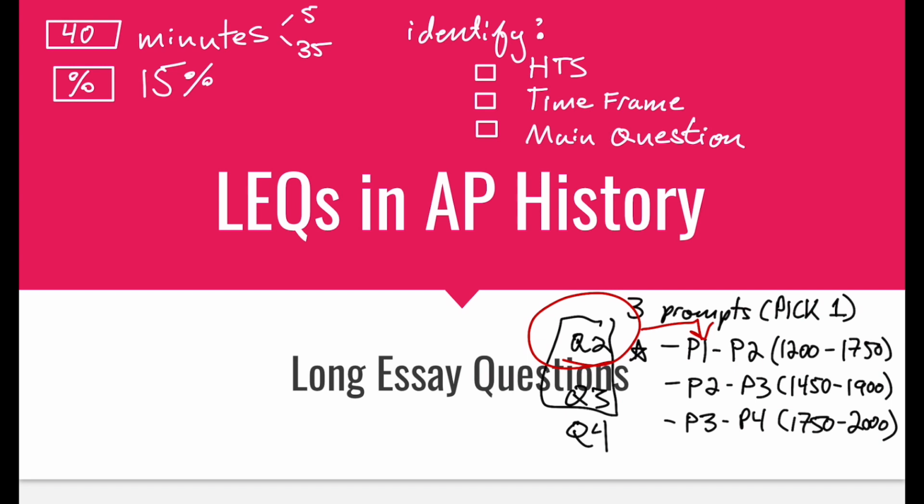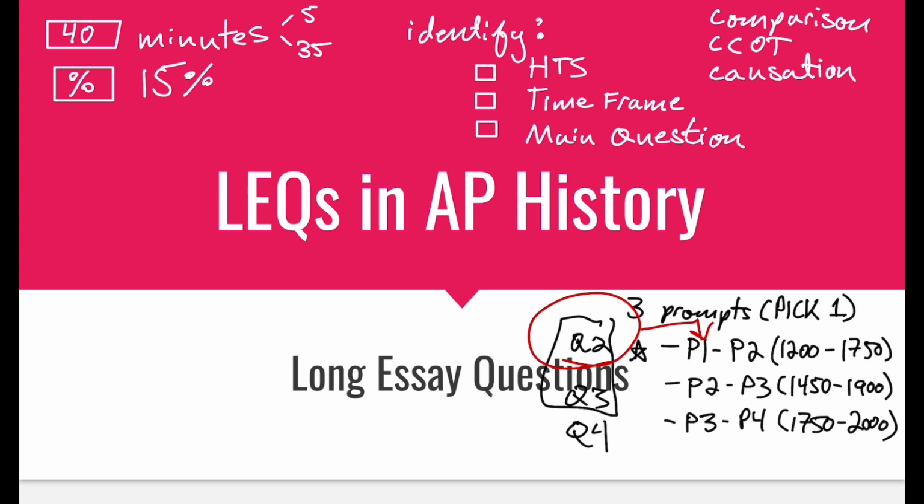That will either be comparison, so compare and contrast, continuity and change over time, so what continued versus what changed, or causation, cause and effect. It will never ever cover context, because context is going to be in every single essay.